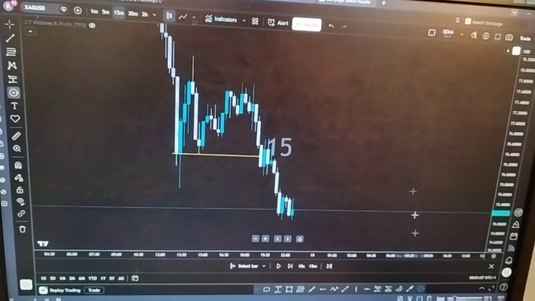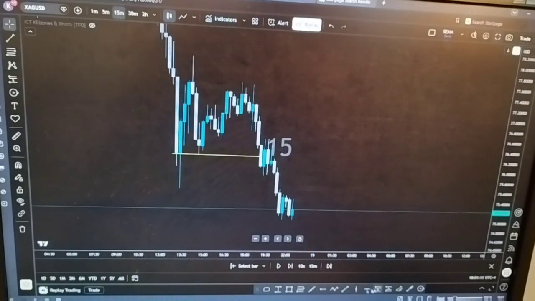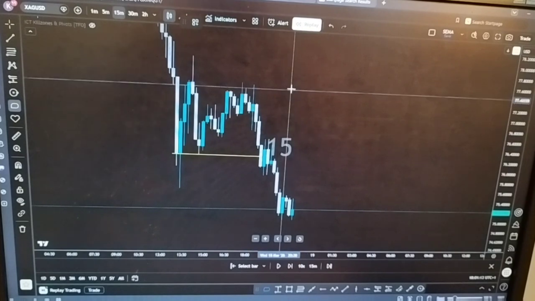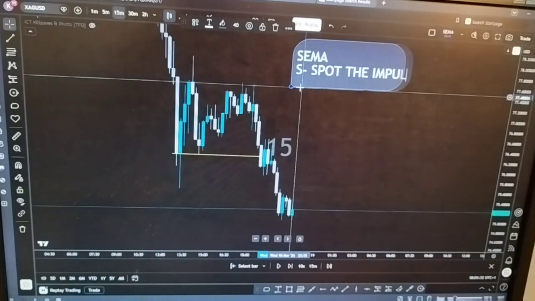Last time we talked about how to spot the impulse on the chart in order to know which direction you're going to be trading for. So we talked about the S, which is the first step in the Sima trading model, which is to spot the impulse and location.